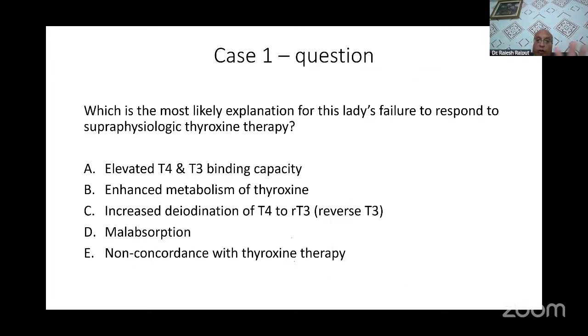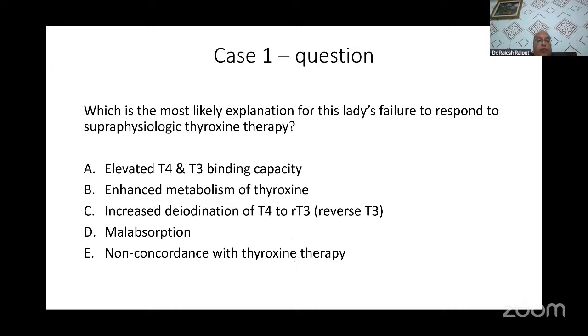So the question for all of you who are attending, I know there are no options for the poll, but then what is the likely reason that despite receiving 275 micrograms or supraphysiological doses of levothyroxine, still patient is hypothyroid?